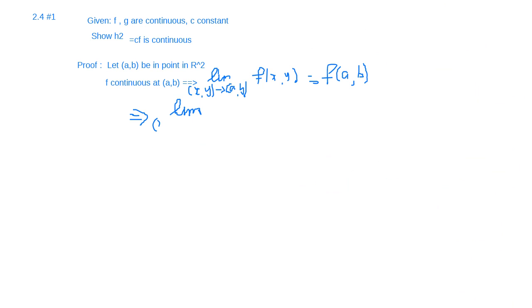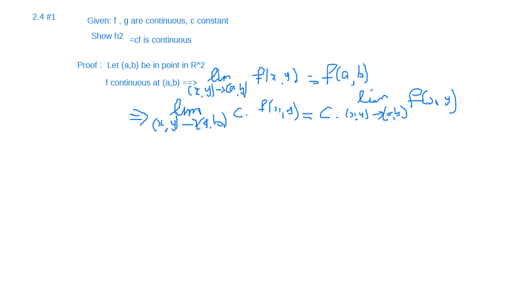So the limit when xy tends to AB of c times fxy, according to the limit laws, is equal to c times the limit when xy tends to AB of fxy, and according to the first step, this is equal to c times f at AB.